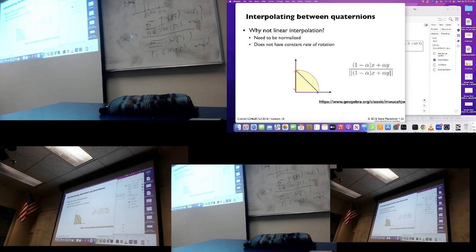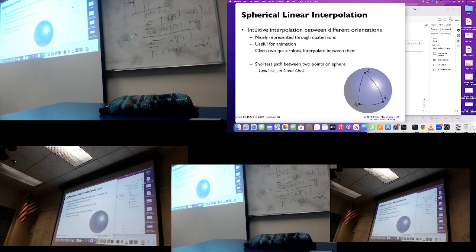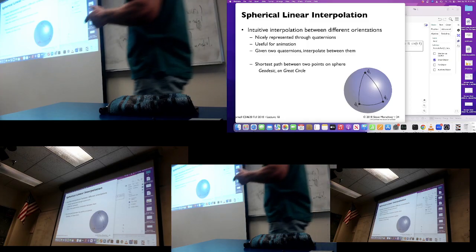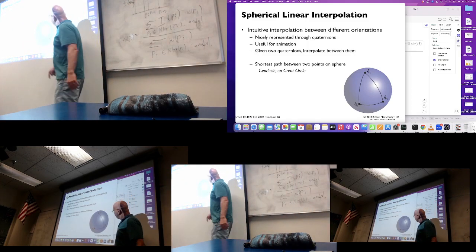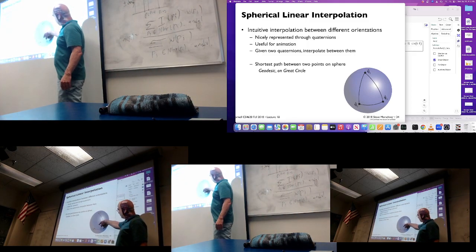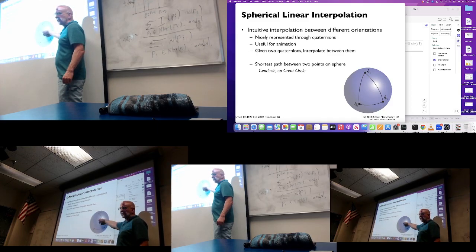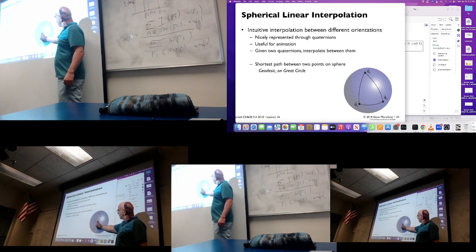The real messiness starts when we ask about interpolation between two orientations. How can I define an orientation in 3D? I can say there is some person locked inside the sphere. There is some direction that this person is looking at.